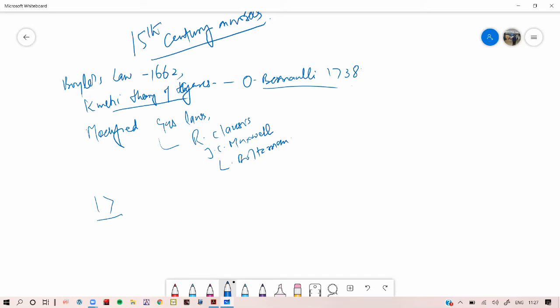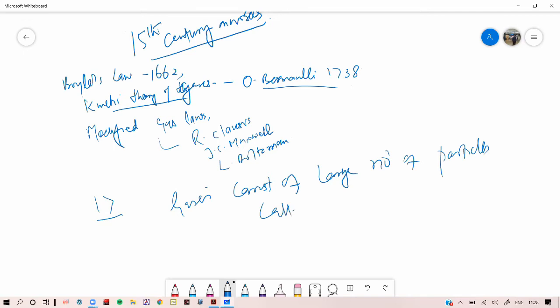For example, when they modified the kinetic theory of gases, it was concluded that gases consist of a large number of particles called molecules.